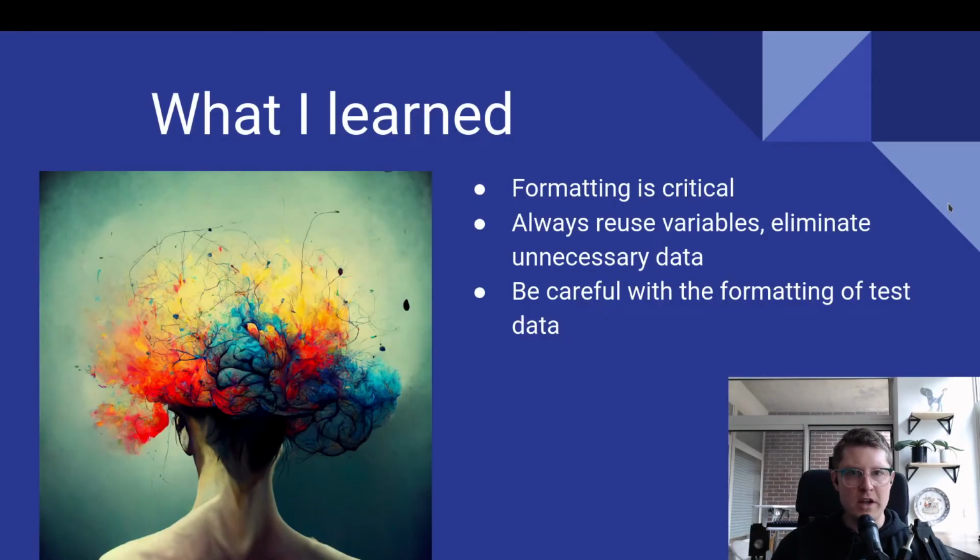So just to summarize what I learned from this Python attendance emailer bot is, number one, formatting is critical. Make sure that you know your data type and use the corresponding formatting for that, whether it be parentheses, brackets, or curly brackets.